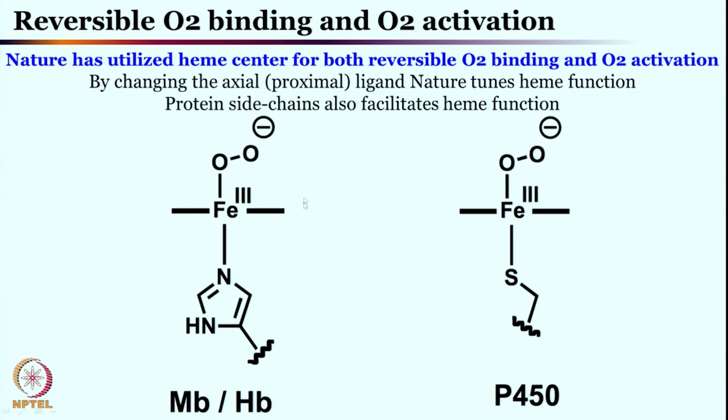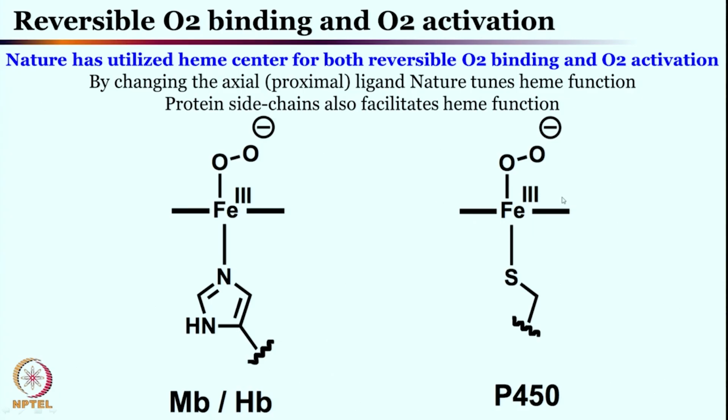In hemoglobin and myoglobin, there is no substrate sitting close by, therefore it can very efficiently transport oxygen without doing any oxygenation chemistry with any organic substrate.